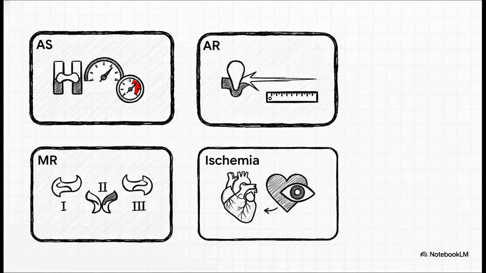For aortic regurgitation, your best friends are the vena contracta width and pressure half-time. When you're looking at mitral regurgitation, always think using the Carpentier classification to explain why it's leaking. For ischemia, start with your eyes, but always be aware of tethering and use advanced tools for objective data when you can. And finally, get comfortable with 3D imaging because it truly is the future of more accurate valvular assessment.